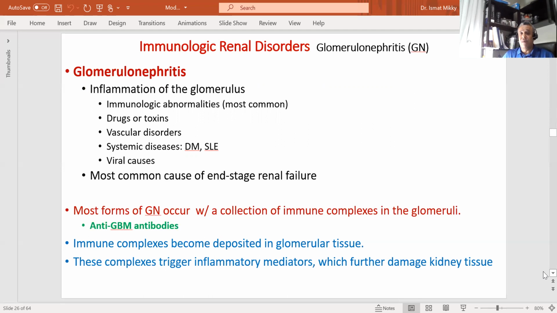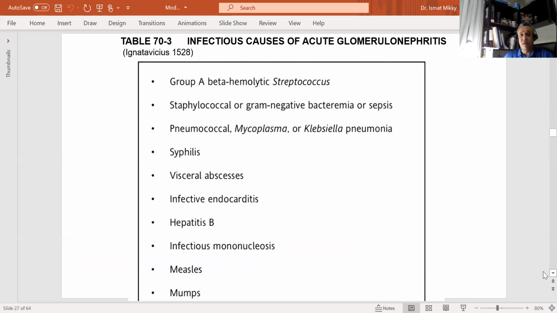The immune complex becomes deposited in the glomerular tissue, and that will trigger the inflammatory mediators and elicit the inflammatory response.